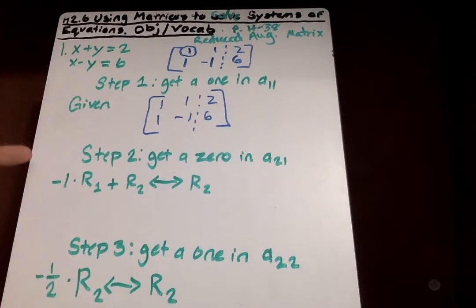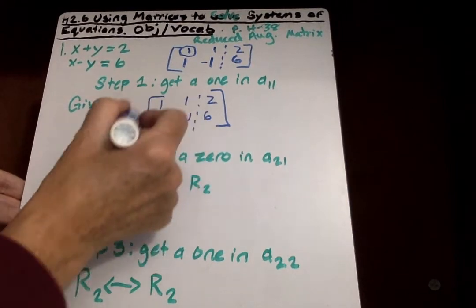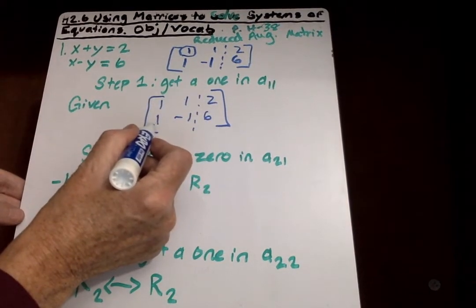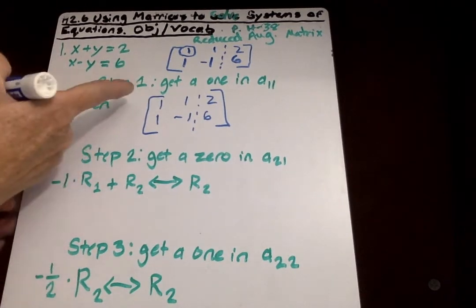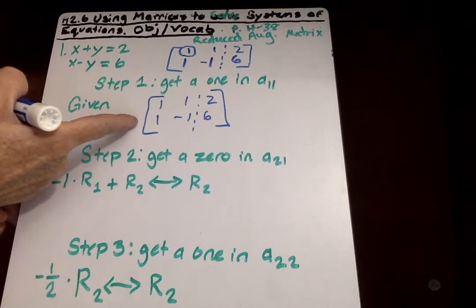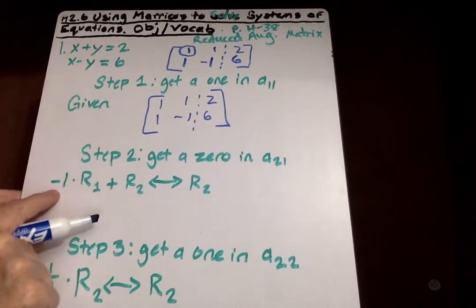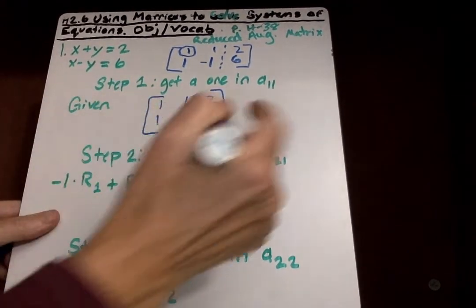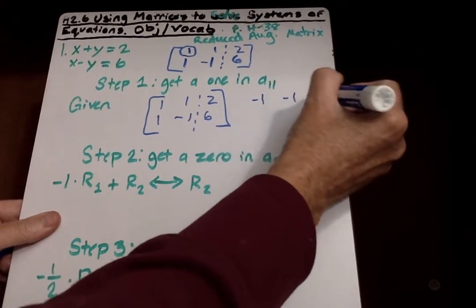Step 2, get a 0 in the A21 position. Right here, we need to get 0, and this is the A21 position. How do we do that? Well, if I multiply the top row by -1, add it to the second row, that will give me a new row that has a 0 in the A21 position. So -1 times row 1, I'm going to rewrite that over here: -1, -1, -2.